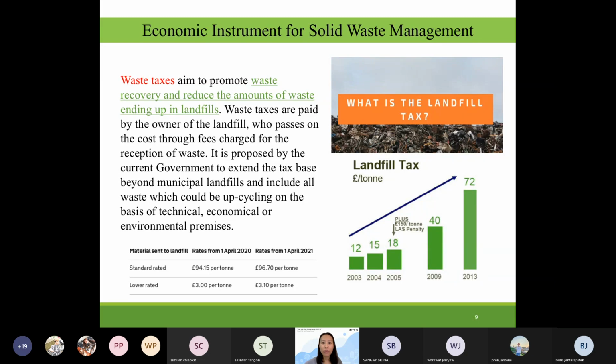If we estimate for the future, the landfill tax per ton of solid waste is quite high, right? This can also force people to reduce the amount of solid waste, because in other countries they include this landfill tax for waste collection and transportation also.